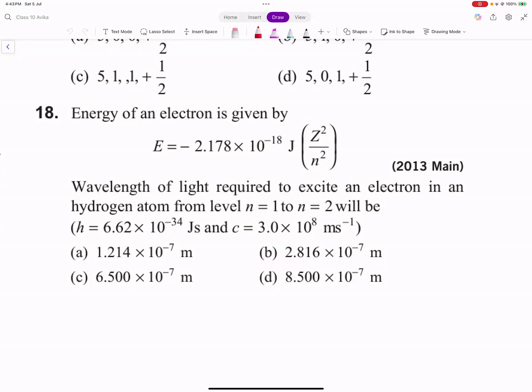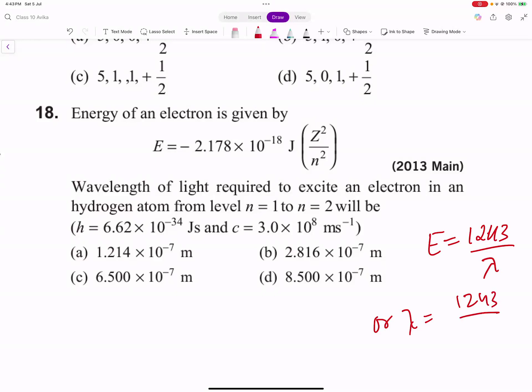Lambda is equal to energy. Energy and wavelength are inversely related. So you can either write this or you can write this.